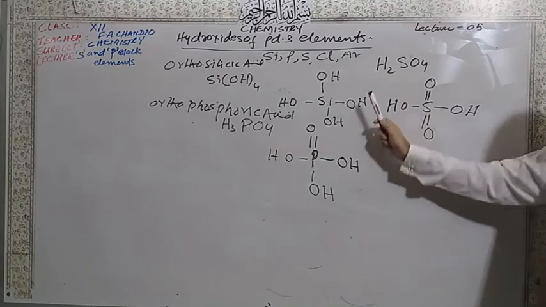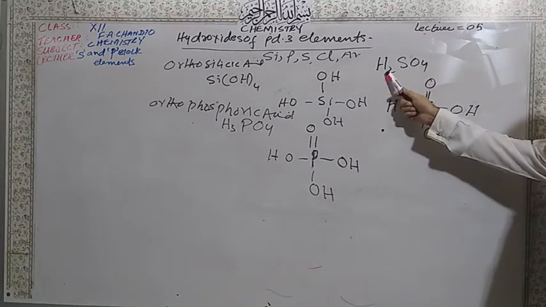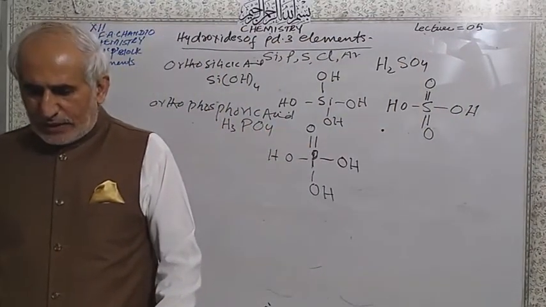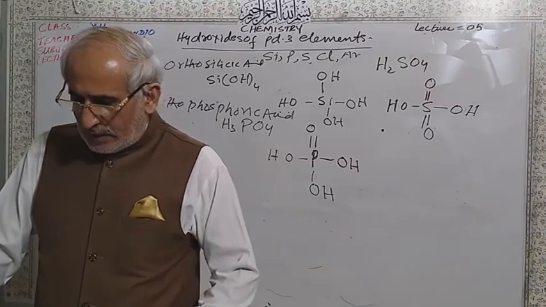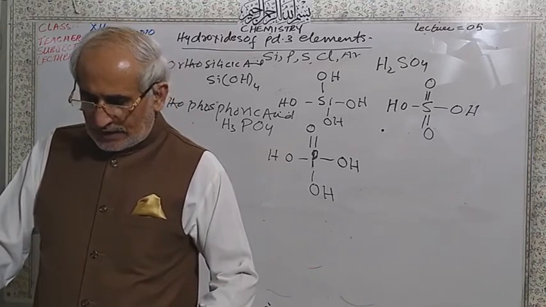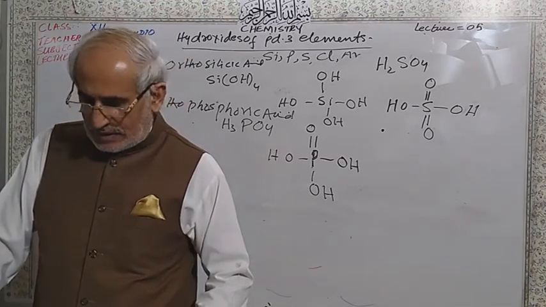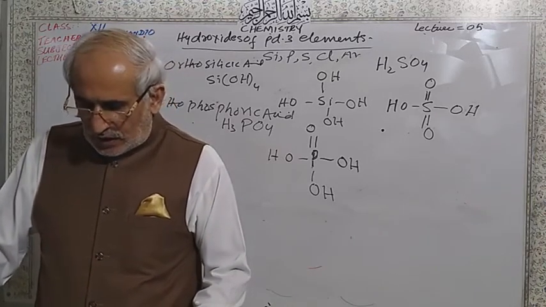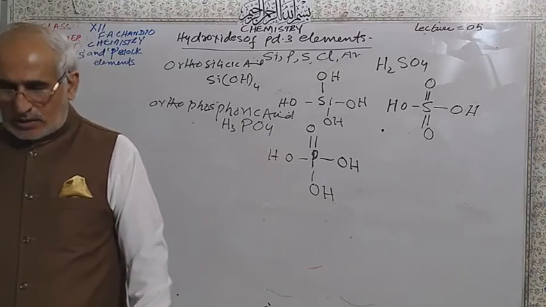Then sulfuric acid. Sulfuric acid contains only 2 hydrogens, so sulfur is bonded with 2 hydroxyl groups and 2 oxygen atoms with double covalent bonds. That is the valency of sulfur: 4 group, 5 group, 6 group.